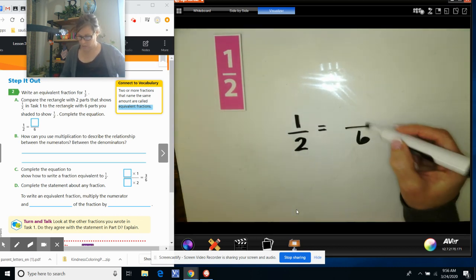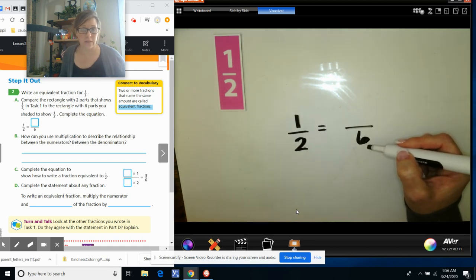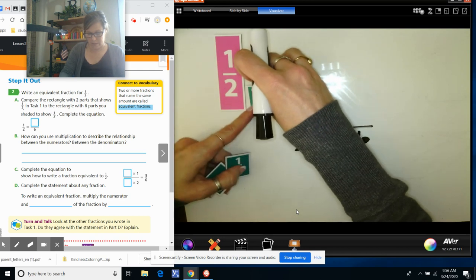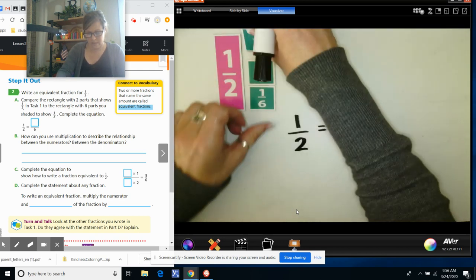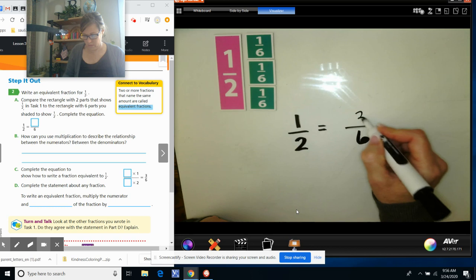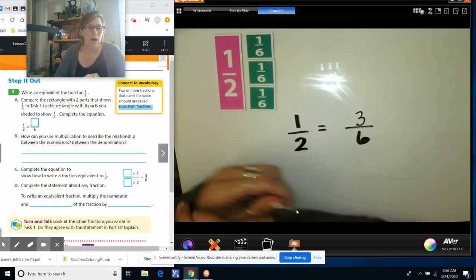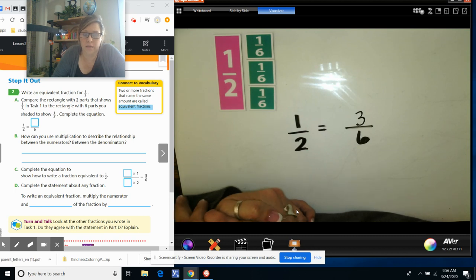So we know that half of 6 is 3. So 3/6 is equal to 1/2. How can you use multiplication to describe the relationship between the numerators and between the denominators?